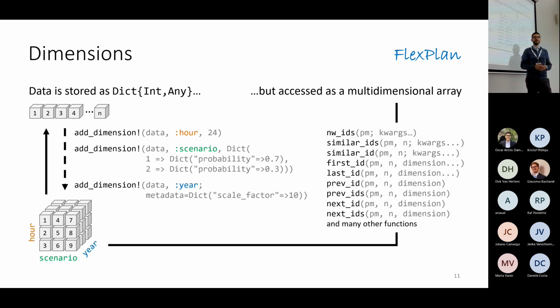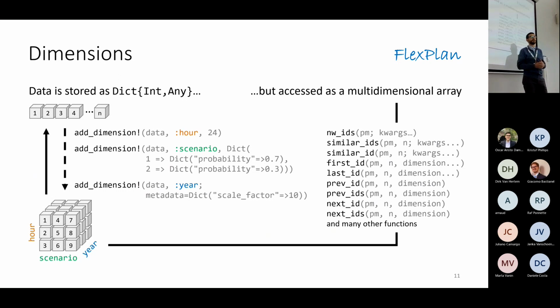In FlexPlan also, we have the year dimension. Planning years are different from one another. So when building the model for the problem, the model constraints need several functions to retrieve the correct indexes that have 3 dimensions: hour, scenario and year.